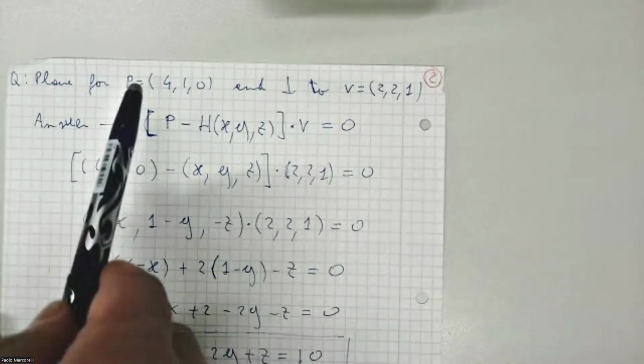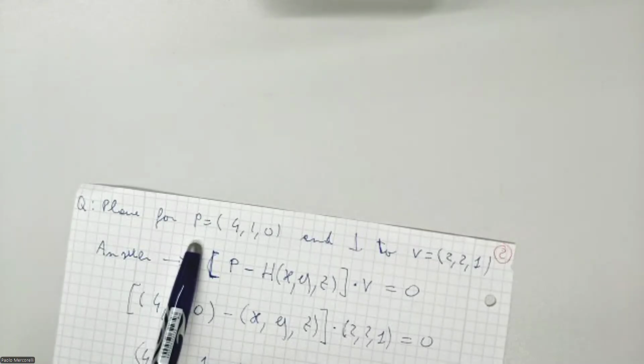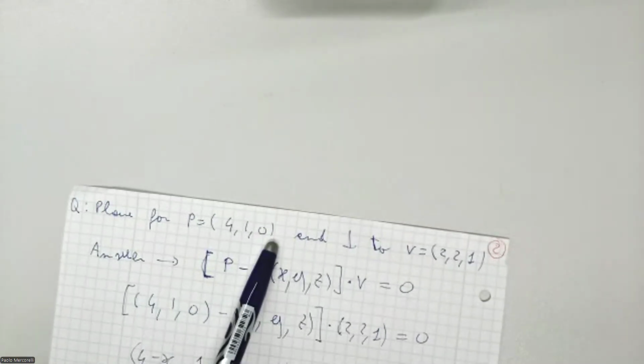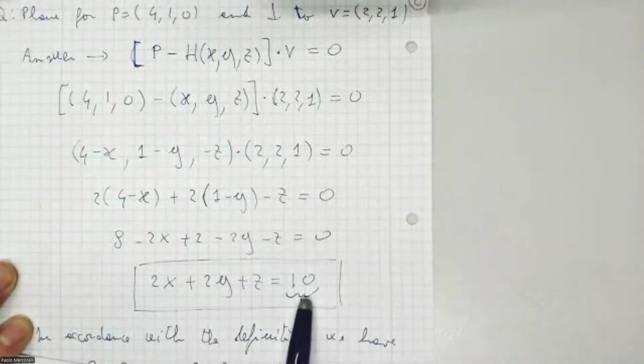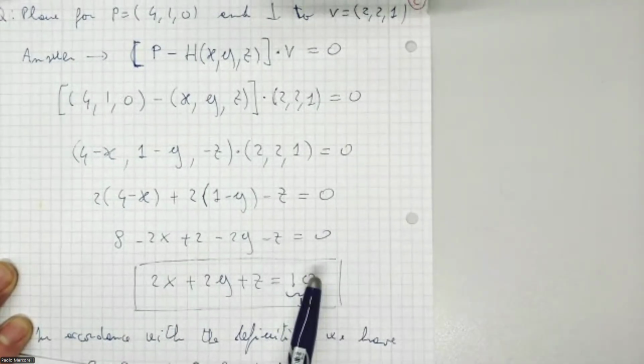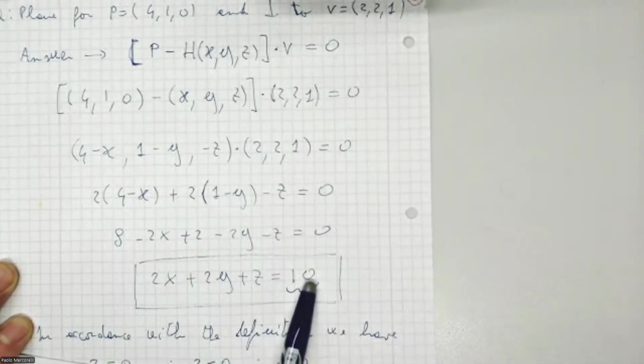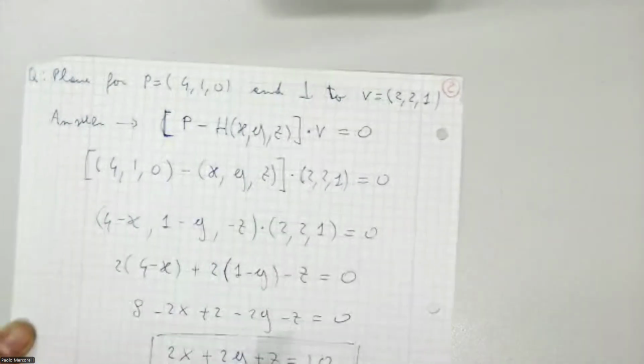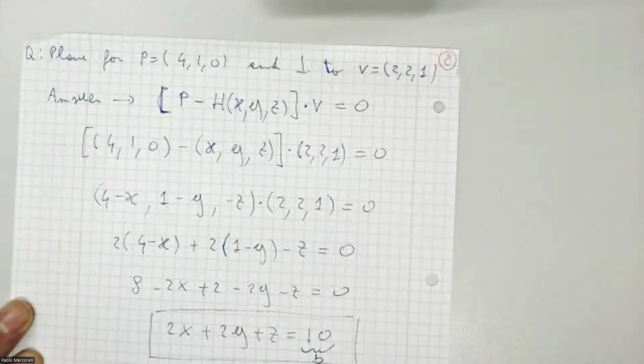I mean, please pay attention, if P here is 0, 0, 0, we have B equals 0. I don't know if it's clear, because P is equal to 0. We have the same calculation, but we don't have 10. We have 0. I don't know if it is clear what I intend.